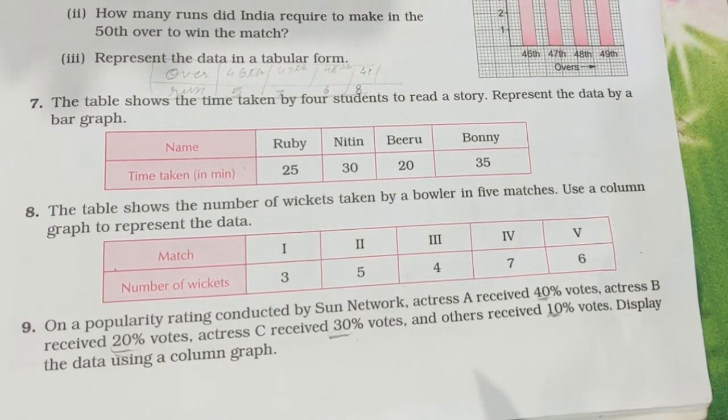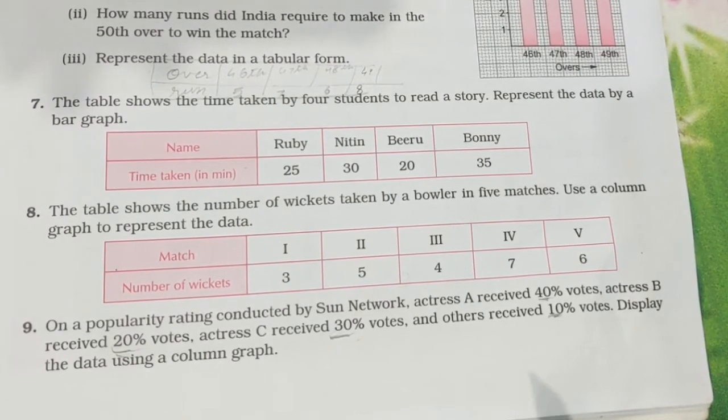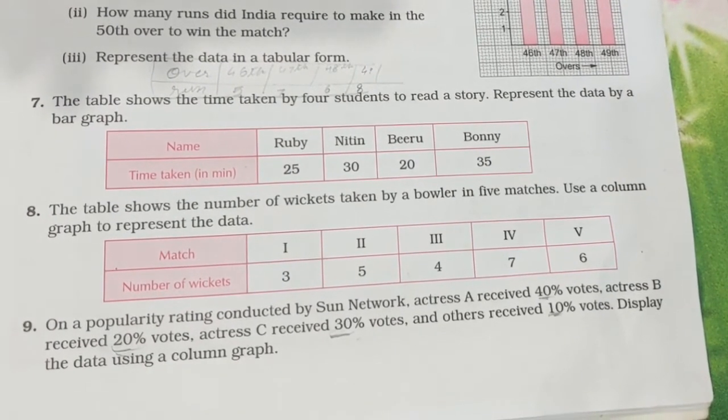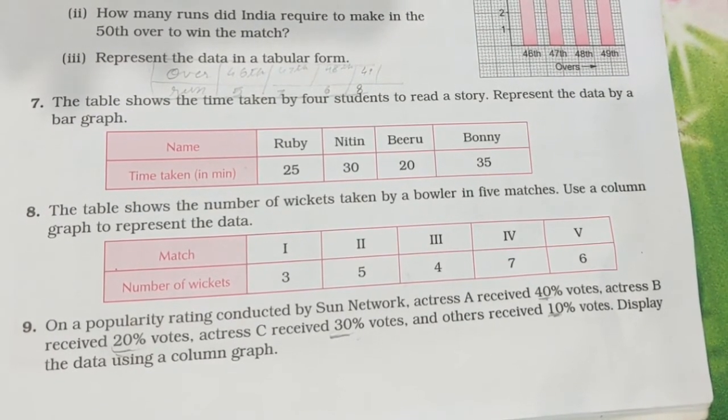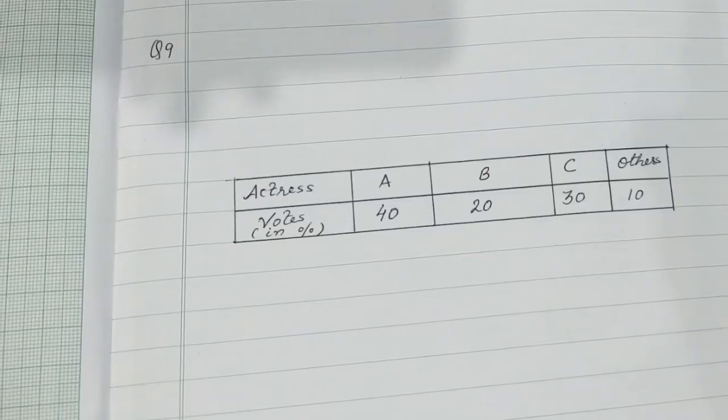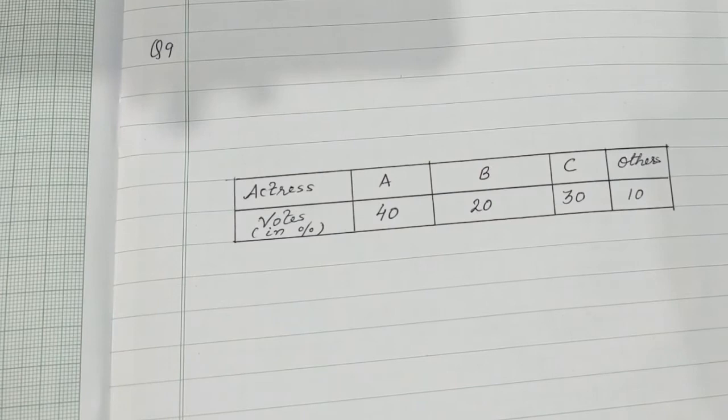I'll show you how to use your graph paper for making the bar graph. So all of you be ready with me, as you have been informed that whatever we do in the lecture is the classwork you should do with me, and the homework sums at the end of the lecture. So let's start. Children, question 9.